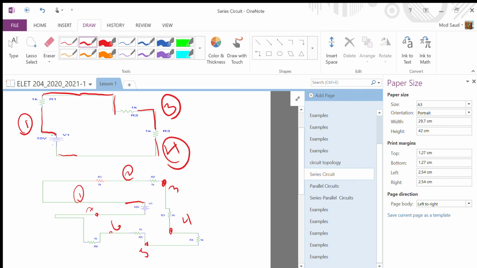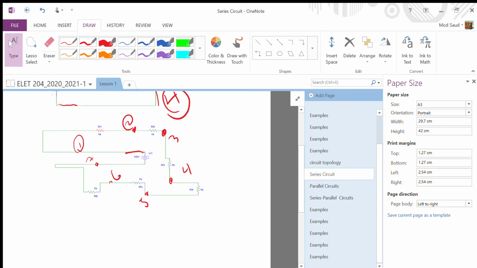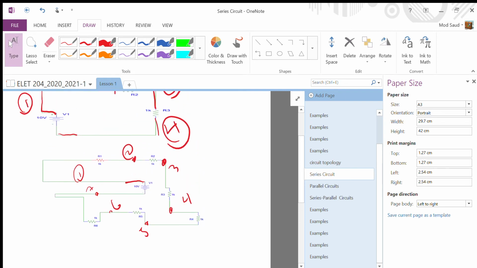Even though the shape of the circuit is different from the one above it, they are the same since each node connecting only two elements. So these two are series circuits because all the nodes in the circuit connecting only two elements.